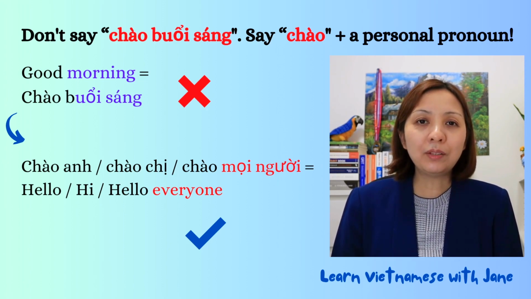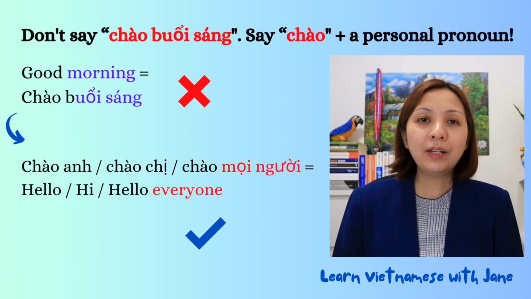But in Vietnamese, we don't say chào buổi sáng. When you greet people, you would say chào and plus an appropriate personal pronoun. You say chào anh, chào chị, chào mọi người. You don't say chào buổi sáng because it sounds unnatural in Vietnamese.